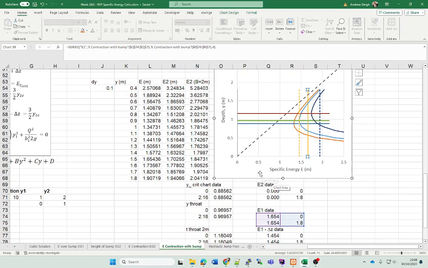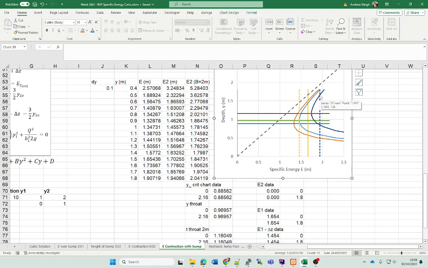The second part of the question really was what's the situation upstream. Now this dark blue line is the energy in the flow upstream after you've got a bump of 0.2 and a narrowing of less than the critical. Effectively this orange line moves to this blue line, and that's the new energy curve. We can look at the energy points here.